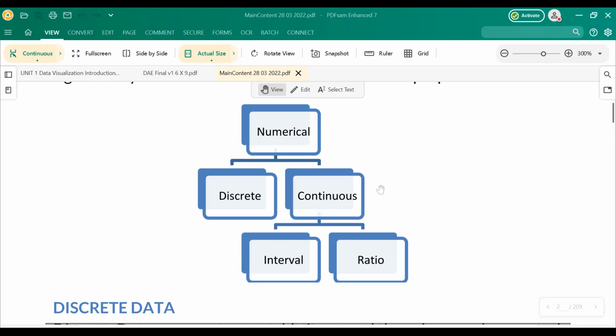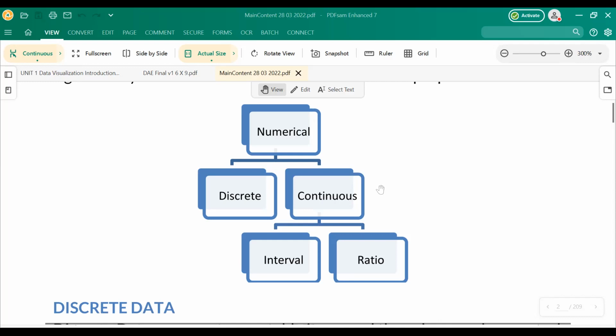So discrete is like numeric data, similar to numeric and categorical, right? Categorical means you will have either this or that, either 74 or 75 or 76. Here it can be 75.5 also, but it cannot be any data. When you plot a discrete graph, it will be bars, like 5, then 6, then 7.